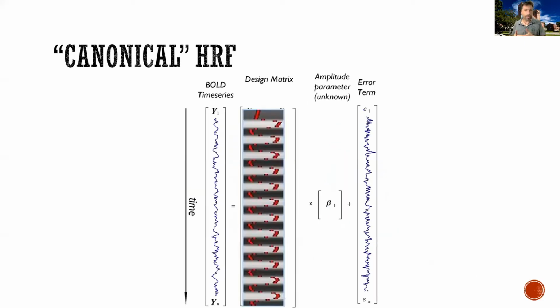So in the case of using a canonical HRF, our GLM would look something like this. And again, I'm simplifying in the sense I'm excluding from this design regressors of non-interest. So we have our time series, and what we expect the brain to do is something of this sort. And we say, well, there's a trial here. In fact, there's a block here.